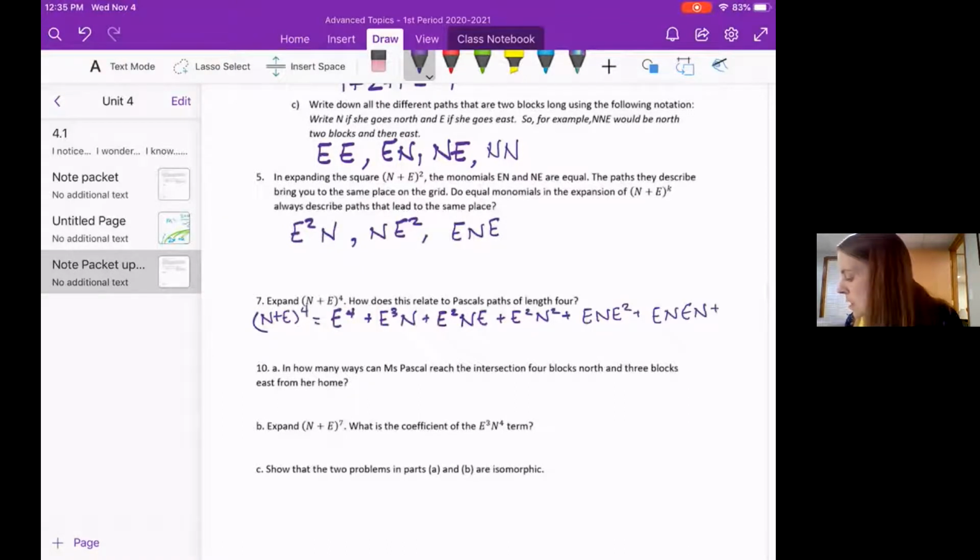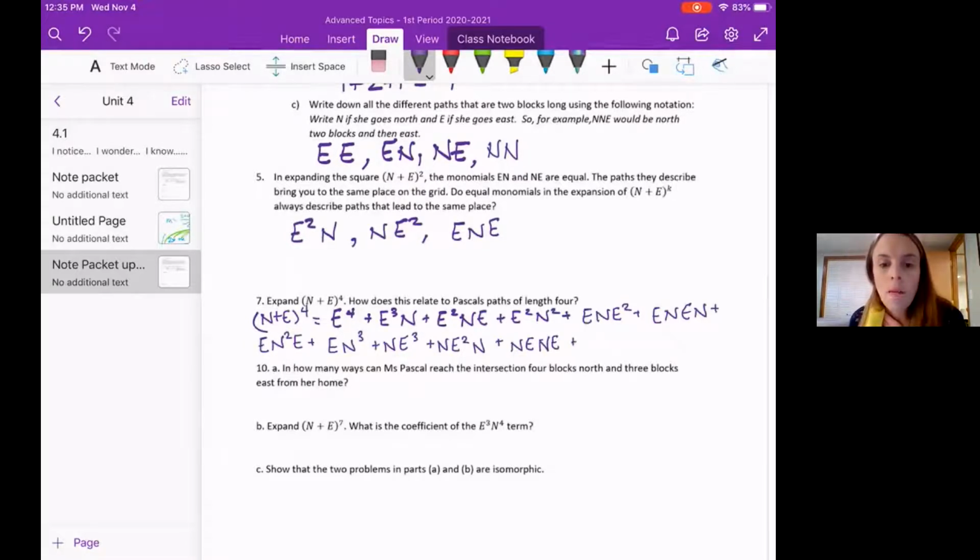I'm going to hope that I don't miss any of them. Oops. I meant to write cubed here. Some of you might also be asking yourselves, well, can't we just use the binomial expansion?